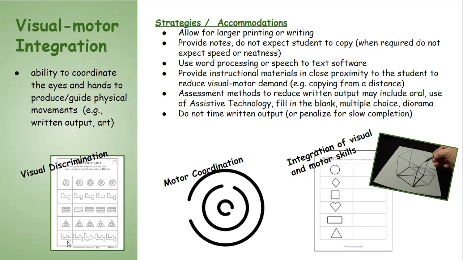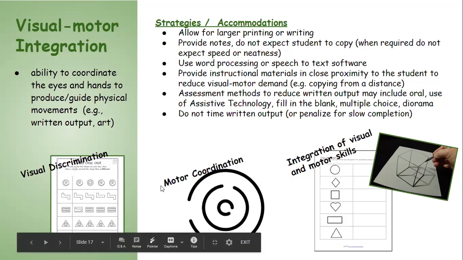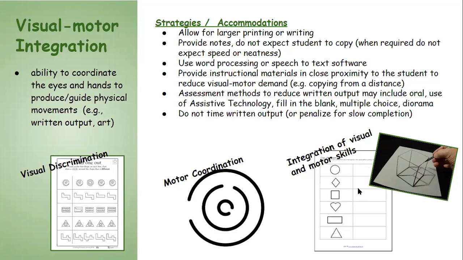So looking at a child's precision and accuracy with a paper and pencil task. And then often the next step in the assessment is to integrate these skills and have the child produce sort of 3D images and see how they perceive the visual integration mixed with the motor coordination.